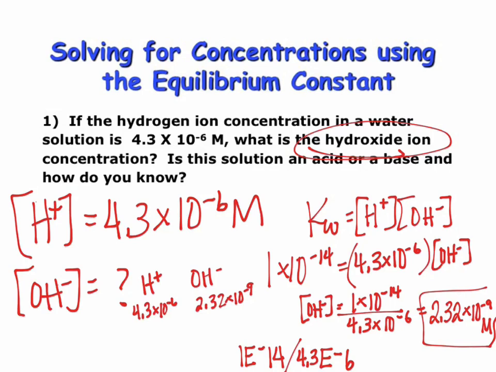Which one is bigger, H plus or OH minus? This has more zeros in front of it. So H plus is greater than OH minus. So is this acidic or basic? It's an acidic solution. Negative 6 is larger than negative 9.